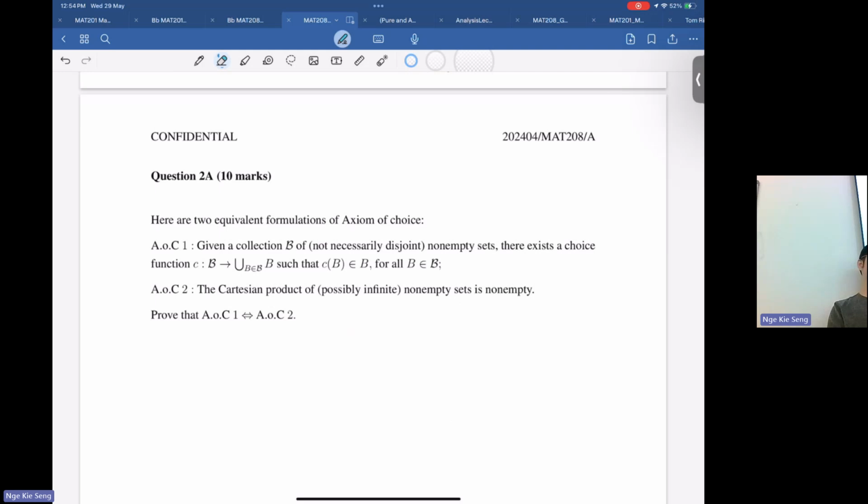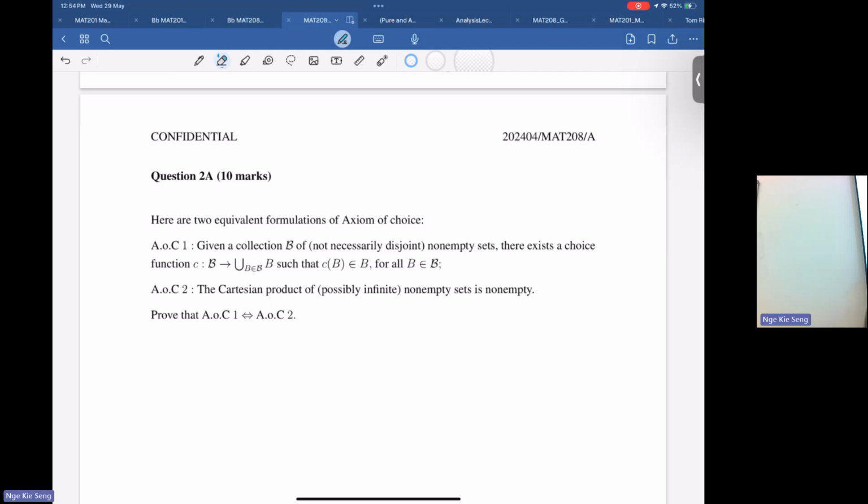You cannot read anymore, huh? How to understand this sentence? What is script B, first of all? It's written there.